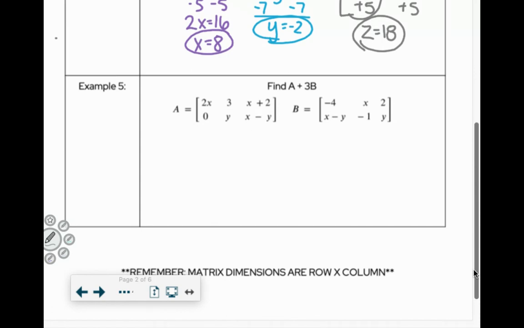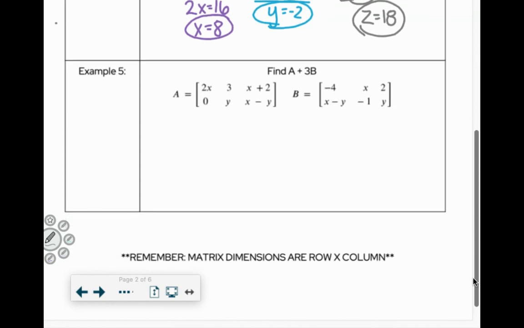All right, last example. Find a plus 3b. And don't freak out because there's variables that we're going to have to deal with here, okay? And this problem is looking a little funky to me, so I'm going to go ahead and do this. And I'm going to say that there's 2 rows and 3 columns in each of these.